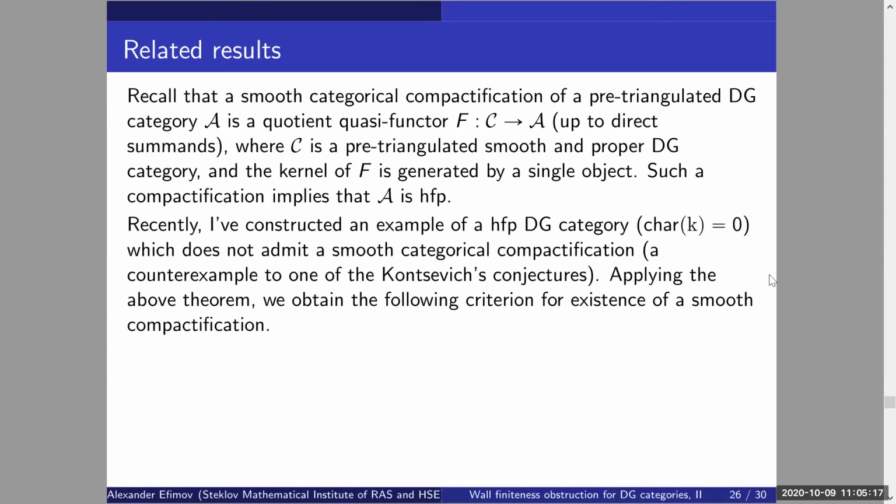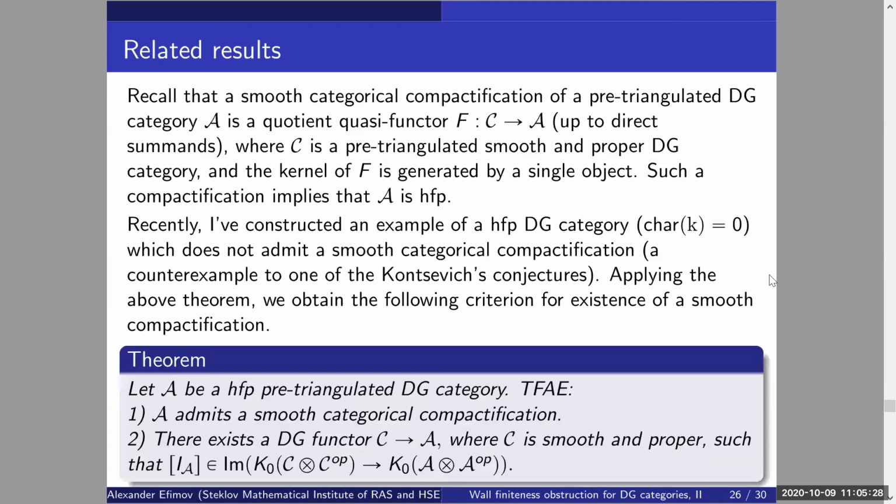Now we can obtain a criterion for existence of a smooth compactification, which is again not completely explicit, but still a characterization. A admits a smooth categorical compactification if and only if there is a DG functor from some smooth and proper category, such that the class of the diagonal bimodule is in the image on the level of K0.